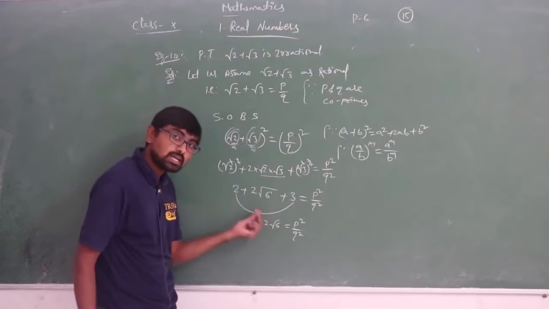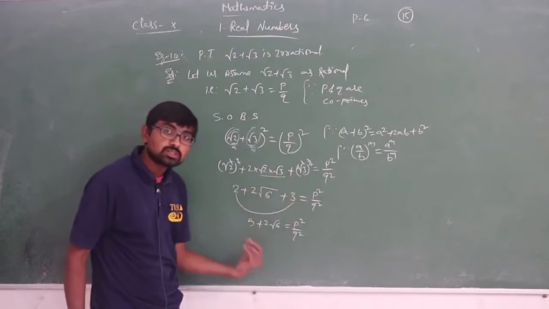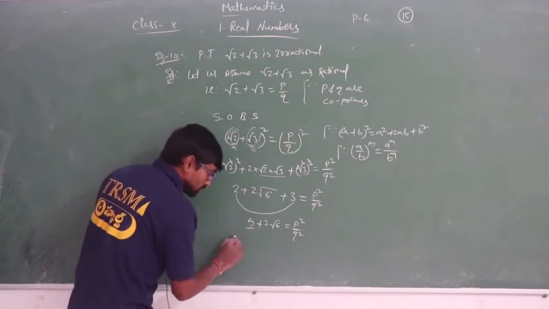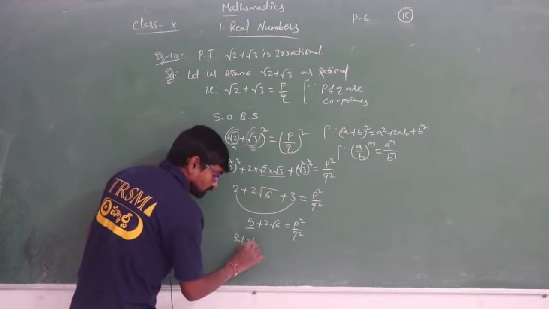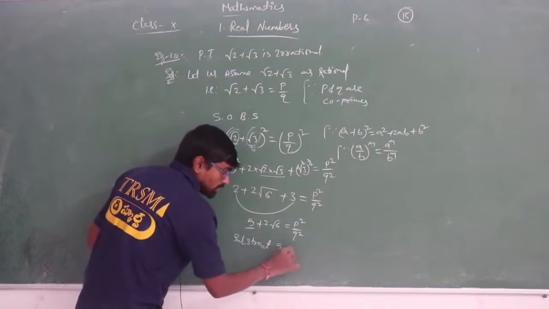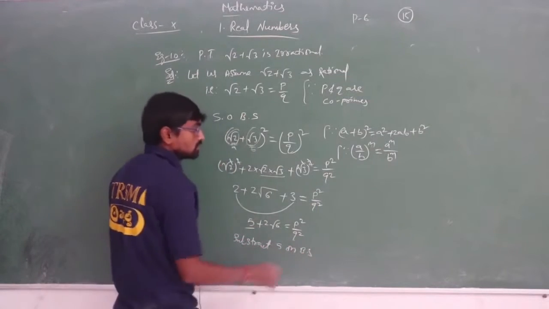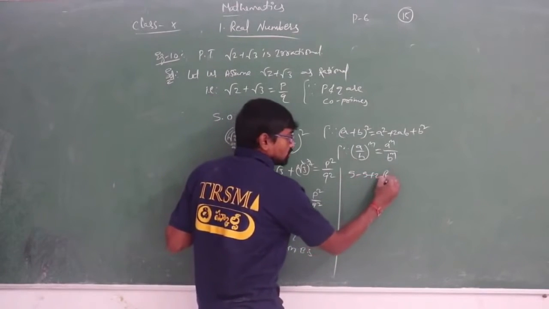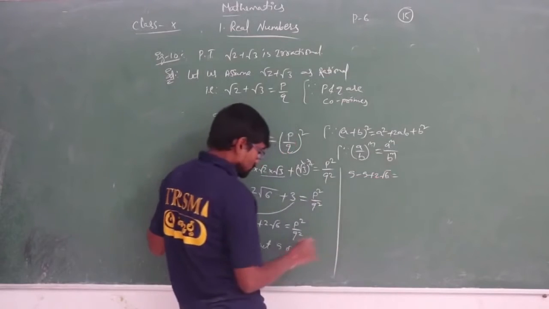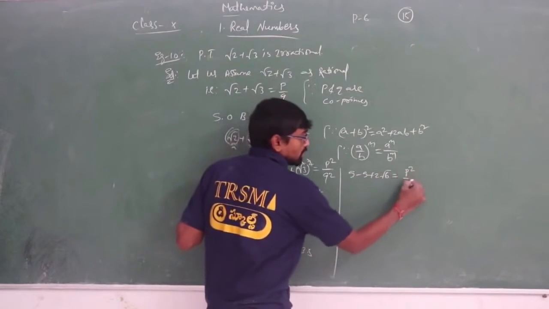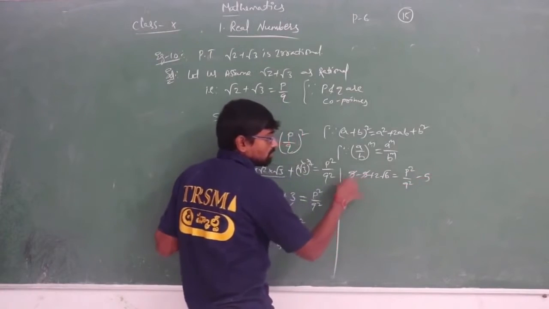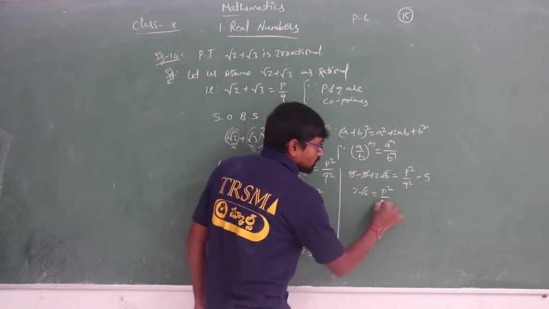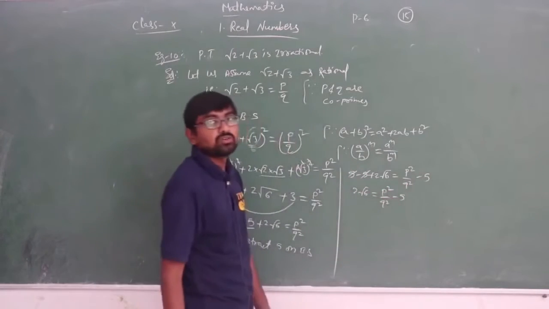We need to keep the root and send the remaining thing to the right hand side. So plus 5, we have to use the additive inverse. So subtract 5 on both sides. So 5 minus 5 plus 2 root 6 is equal to p square by q square minus 5. Plus 5 minus 5 becomes 0. So 2 root 6 is equal to p square by q square minus 5.